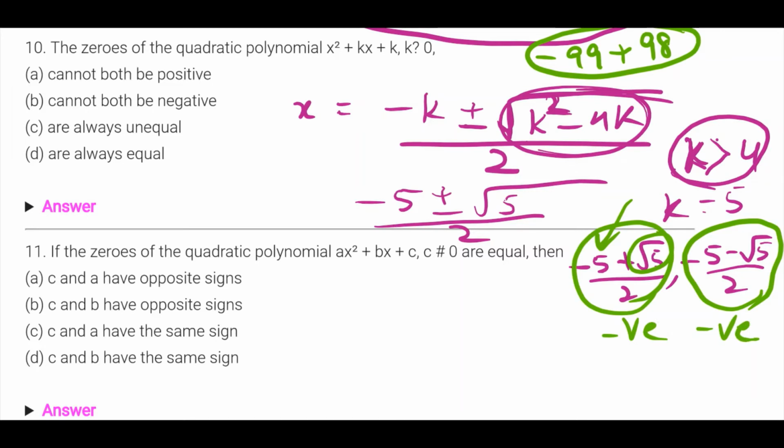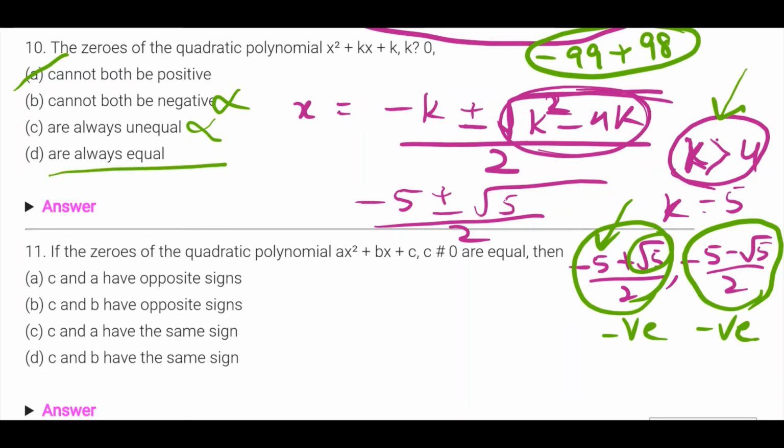The options are: cannot both be positive, cannot both be negative, are always unequal, or are always equal. Cannot both be negative? They can be negative actually, so this is not the answer. Always unequal? If k equals 4, the roots are equal, so this is not the answer.